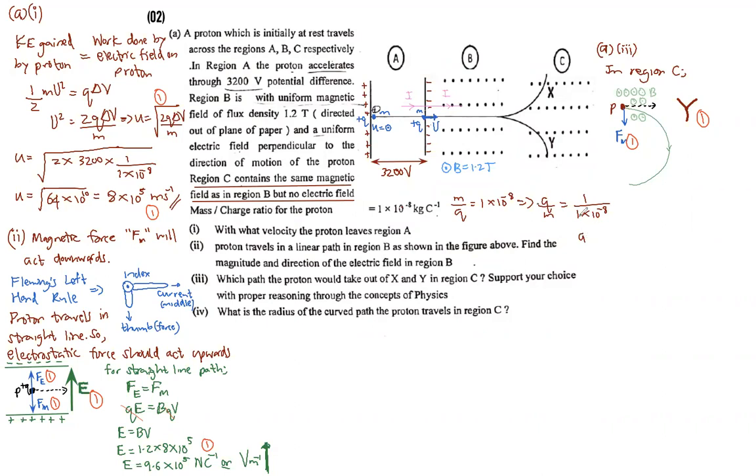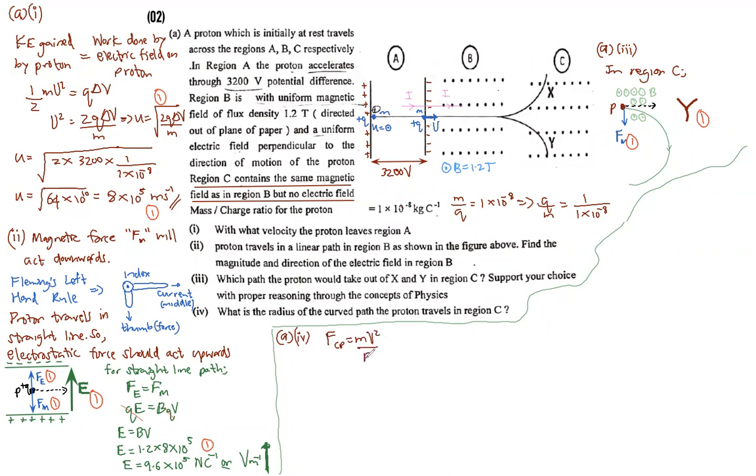What is the radius of the curved path the proton travels in region C? That's easy. We have to apply the centripetal force equation. Centripetal force equals mv squared over r.